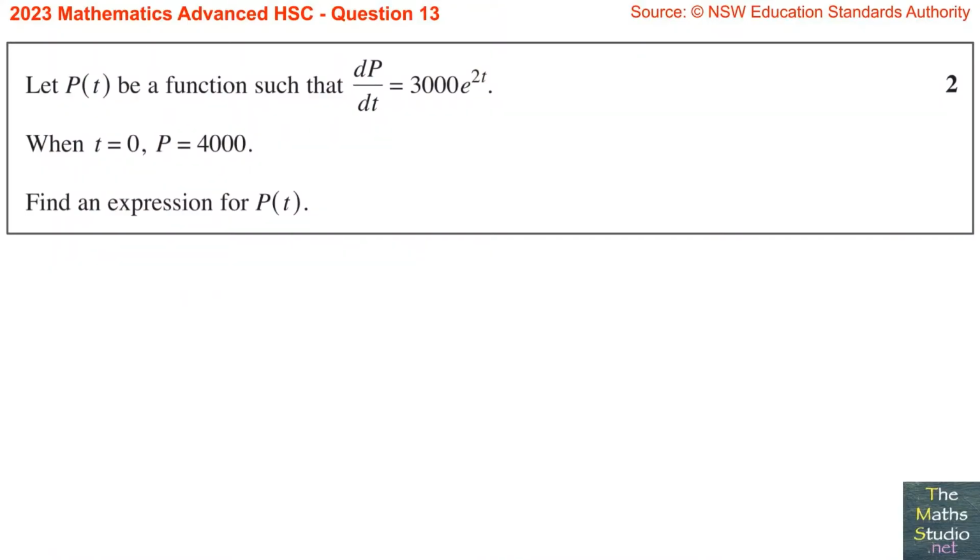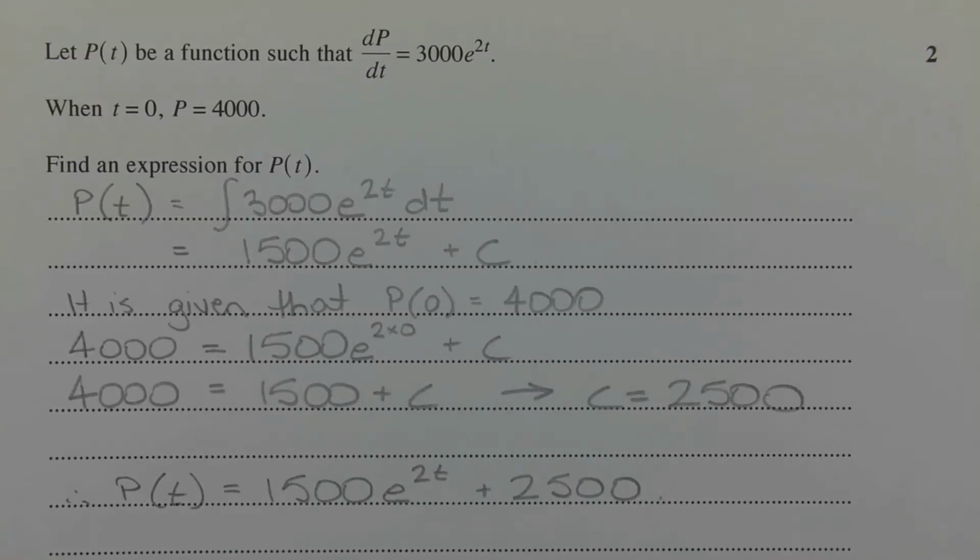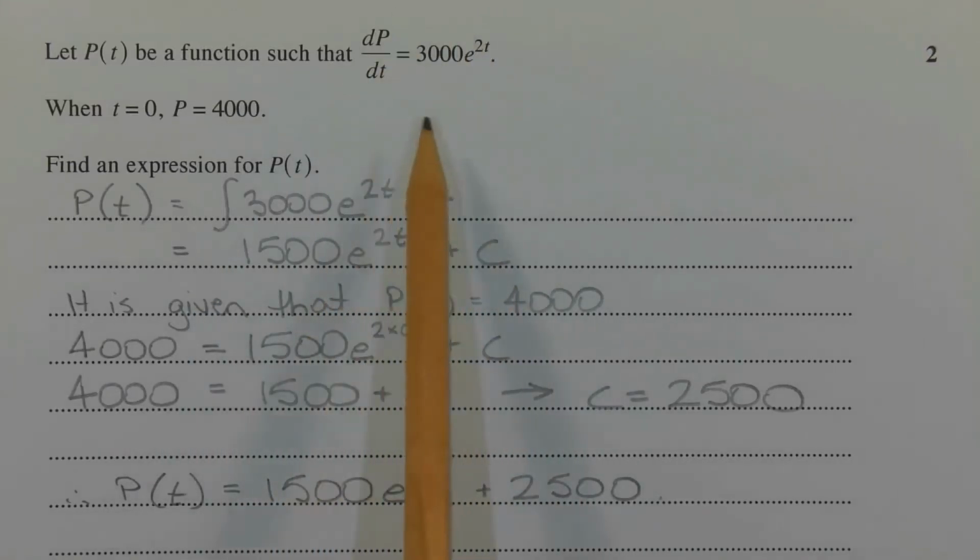Question 13. Let P of t be a function such that dp dt equals 3000 times e to the power of 2t. When t equals 0, p is equal to 4000. Find an expression for P of t. The question is asking us to find a function given its gradient function.